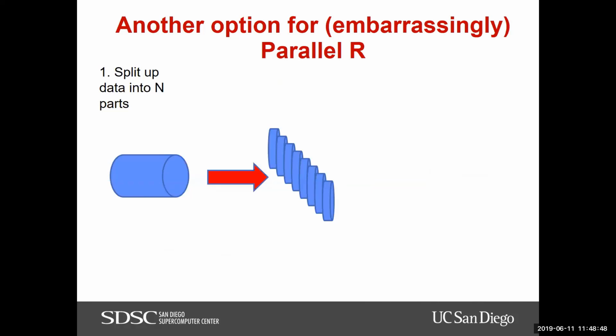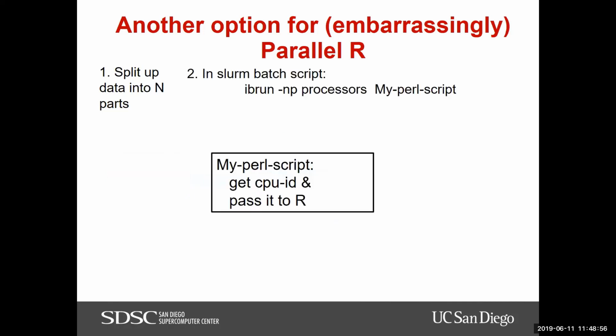If you have a situation where R can work on separate pieces of data independently, you can just take your data, split it up ahead of time, and then you have a regular batch script for Comet. You tell it, okay, I'm going to run a Perl script, and that Perl script is basically going to execute R for you. The Perl script figures out what CPU you're on, and then it tells that to R. That way R will know which data set it can process.